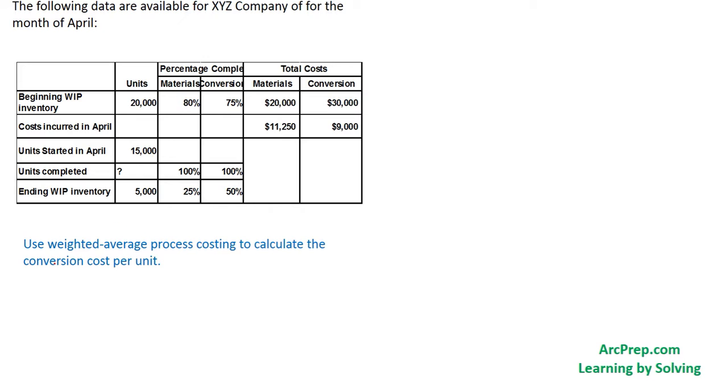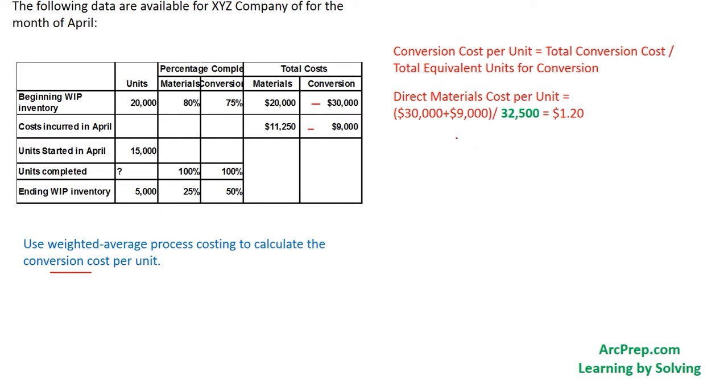And let's also calculate the conversion cost per unit under weighted average costing. Again, we are going to add the 30,000 and 9,000 and divide that by equivalent units for conversion. Equivalent units for conversion is what we calculated, 32,500.